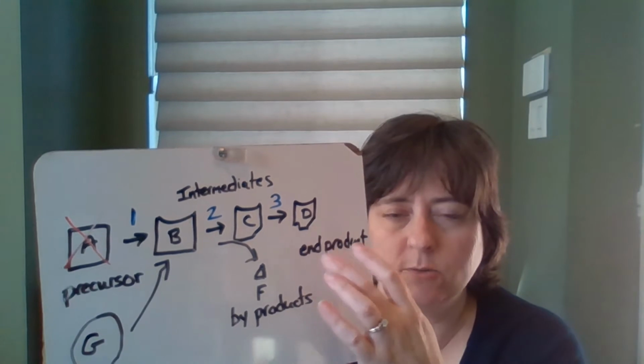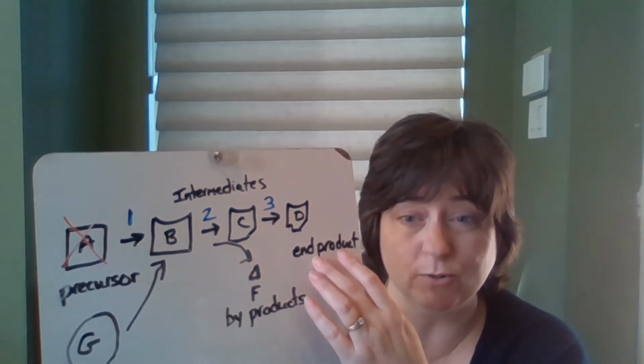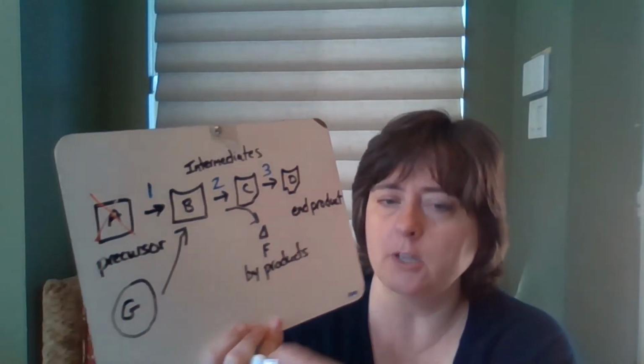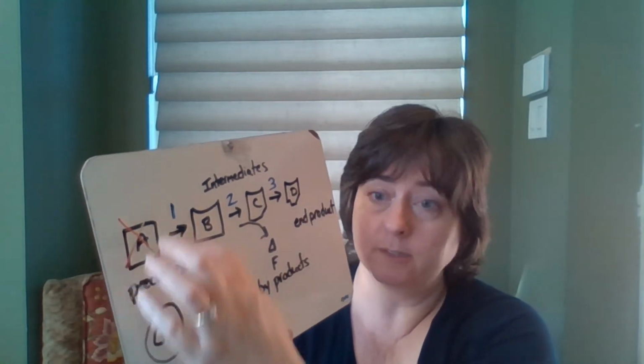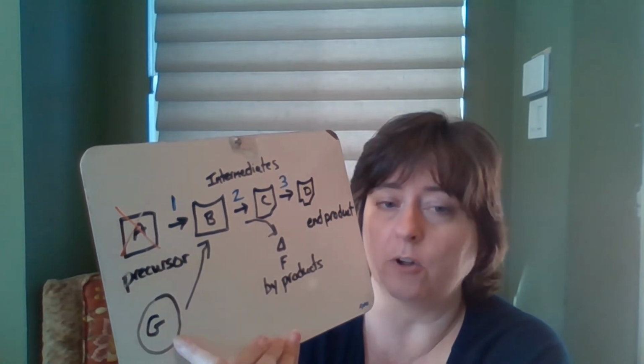It's very important to keep metabolic pathways going because many of these end products are crucial to survival. Without them, you will die, and we don't want to die. So A is not available. Maybe A is glucose. Glucose is no longer available, but if a bacteria cell can take fructose, an alternative precursor, let's write that in there, it can take a different molecule and convert it into B, then crisis averted.